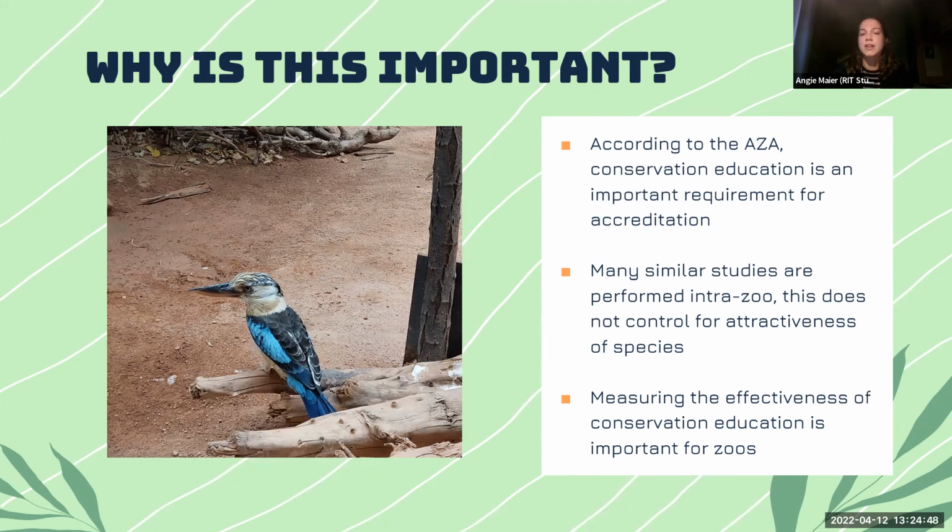So I wanted to see how these zoos are meeting that requirement. And this is also important information for the zoos. So this study would be good if a zoo was interested in how they're comparing to other zoos and what are the better strategies that other zoos are employing that maybe they don't have time to research themselves, that I could do.